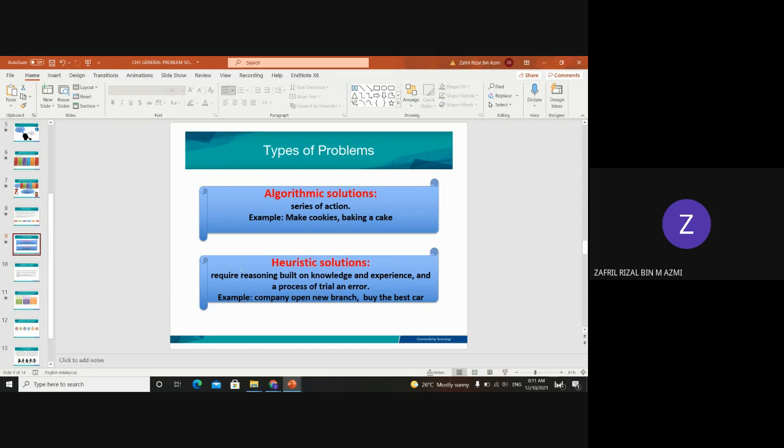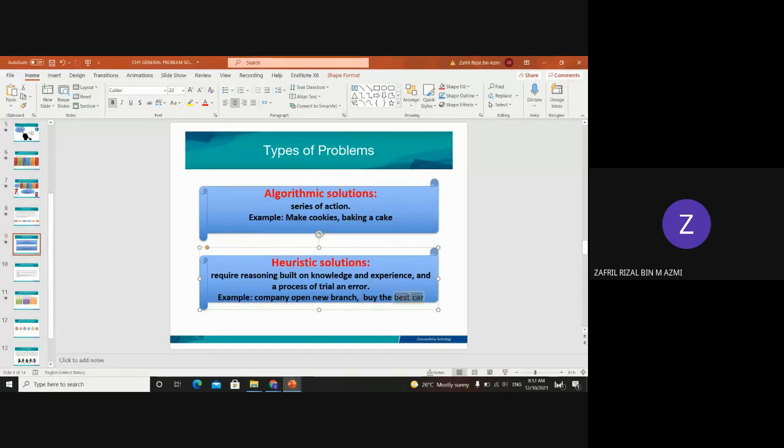Meaning that, for example, heuristic solution in daily life, what example? This is a bit complicated. A company opens a new branch, whether to open or not. That one, there's no fixed solution for the end. Buy the best car.